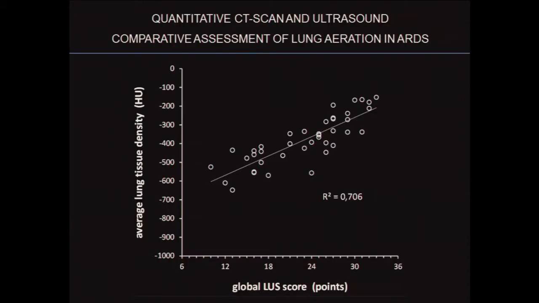We performed, together with Davide Chiumello and his group, a quantitative CT scan and ultrasound comparative assessment of lung aeration in ARDS, and in the end we found a quite good correlation between the global lung ultrasound score and the average lung tissue density.